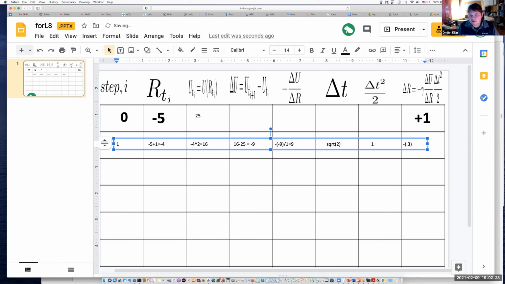Now I put this, the gradient will be 9, and then delta t squared over 2 will be 1. Shouldn't it be negative? So he already deducted, means no. I put negative times negative is positive.